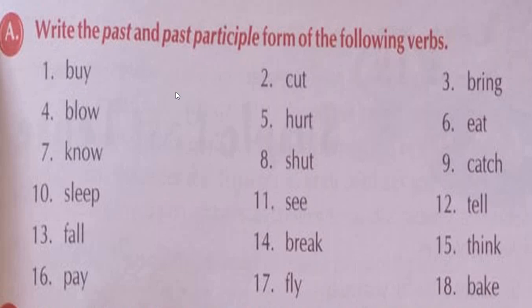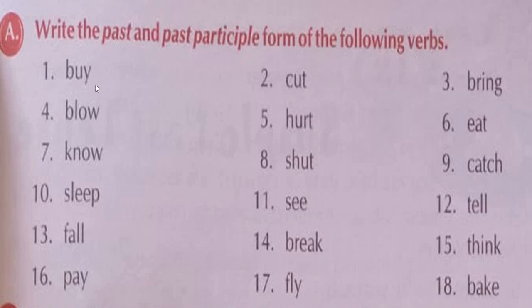Make a table with three columns: first present, in the middle past, and the last one, past participle form. Write as many verbs as you can, and learn them.